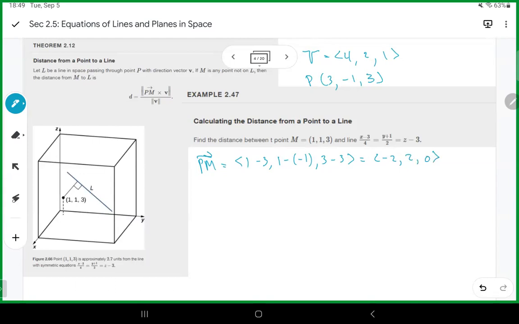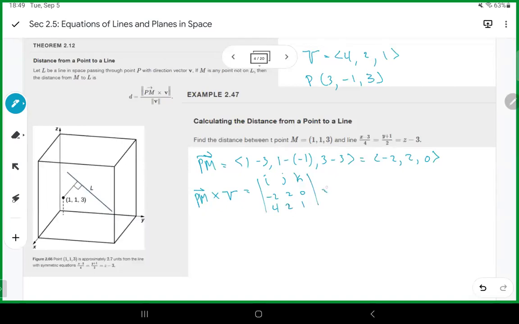Then we have to calculate the cross product. It's going to be i, j, k, and then we know it's -2, 2, 0, and 4, 2, 1.